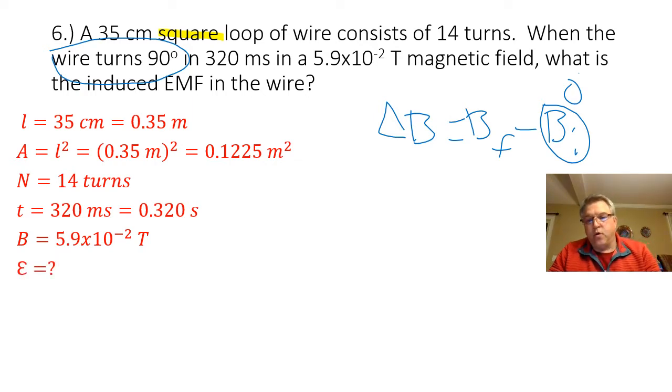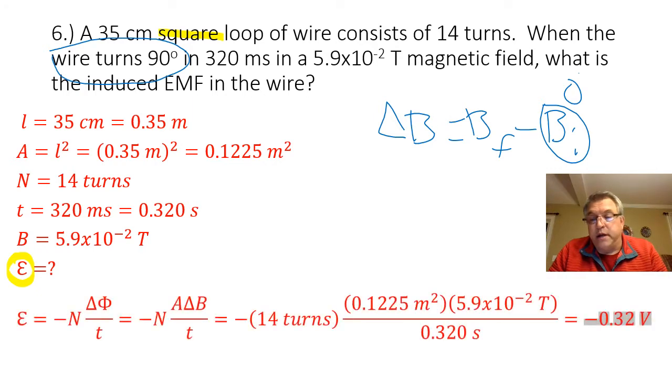Remember, for induced EMF, or induced electromotive force, we are going to use this funny looking E here, or the Greek letter epsilon. I know that I'm going to need to use Faraday's law of electromagnetic induction to find the induced EMF.